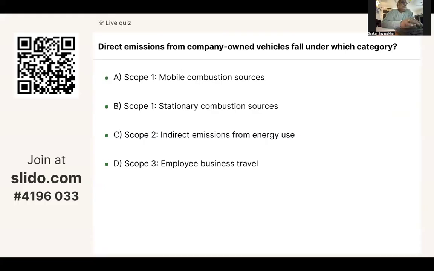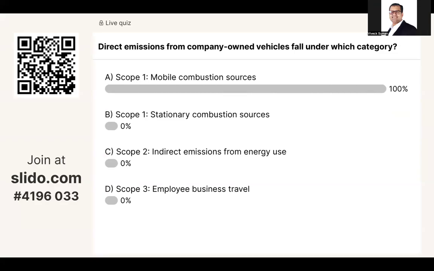Direct emissions from company-owned vehicles fall under which category? Okay, that's a correct answer.